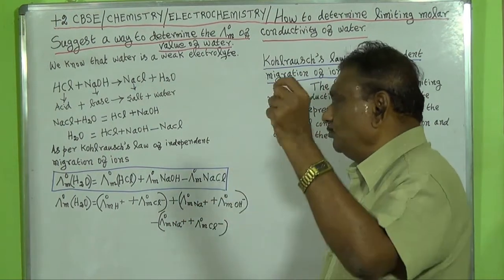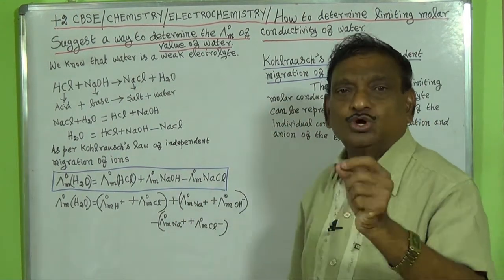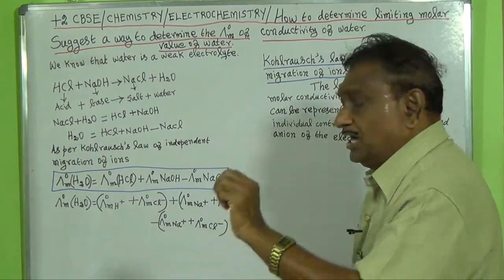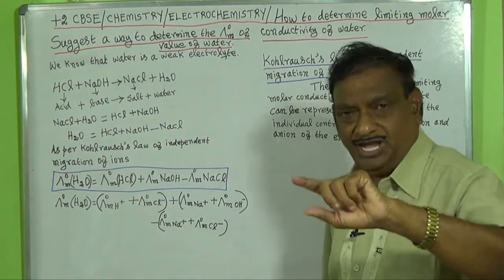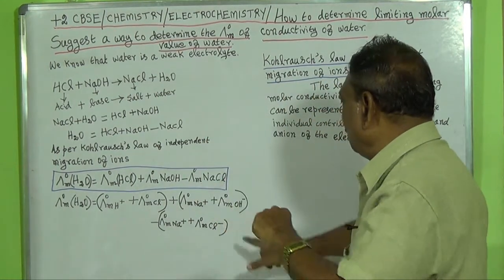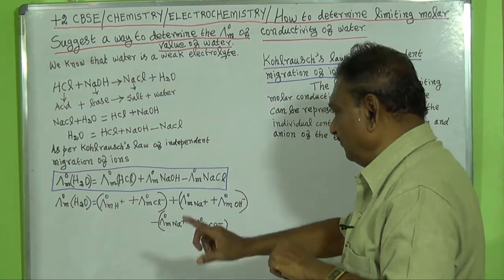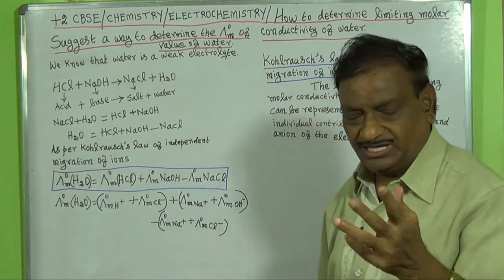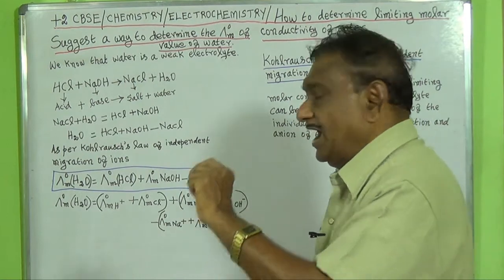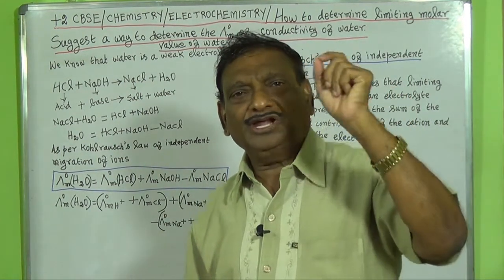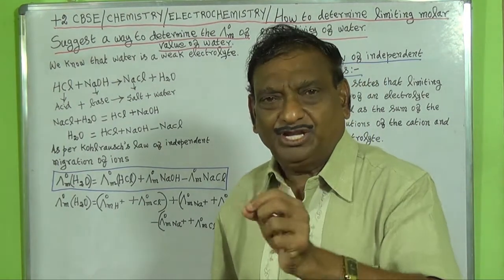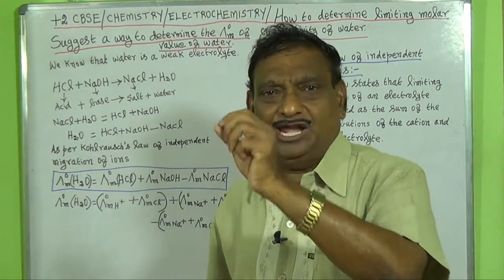Similarly, the limiting molar conductivity of sodium hydroxide, the base, can be written as limiting molar conductivity of Na plus plus limiting molar conductivity of OH minus. Likewise, the limiting molar conductivity of sodium chloride is limiting molar conductivity of Na plus plus limiting molar conductivity of Cl minus.